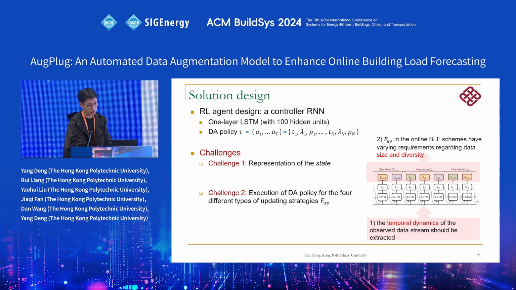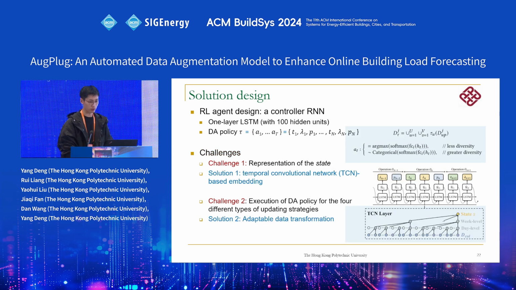The second is the execution of the policy for different update strategies. In our context, there are 4 types of strategies which have different requirements for data size and diversity. For example, the fully retrained update strategy needs more diverse data than the fine-tuning method.